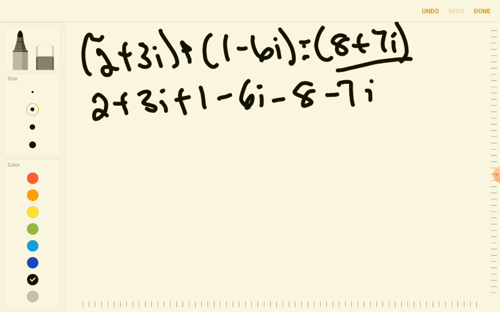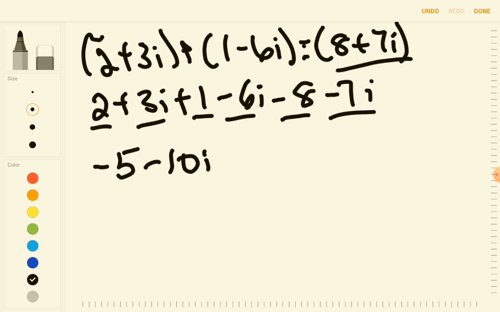Next, we can just add our like terms together. We have 2, 1, and -8. So 2 plus 1 would be 3. 3 minus 8 is -5. 3i minus 6i, which would be -3i, minus 7i, which is -10i. And we get this answer as our final answer.